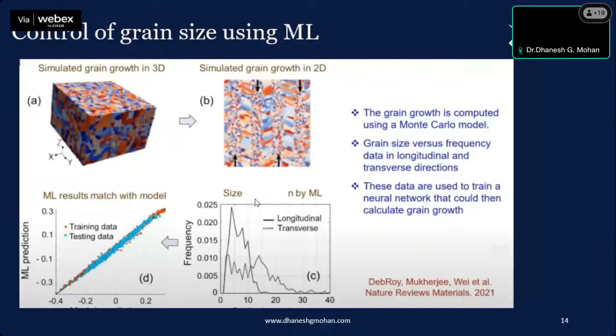You all know that in additive manufacturing, rapid solidification leads to heterogeneous grain structures. With simulation of grain growth in 2D, you can see columnar grains aligned along the building direction. That is one of the key problems. In our previous slide, I showed the columnar grains, and we need to reduce their size.